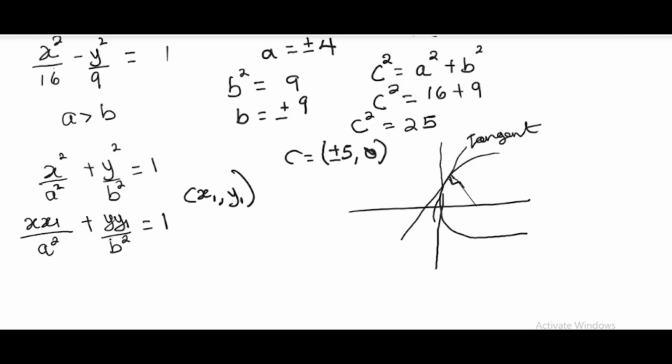So if you find the slope of tangent, I've explained this in the video on ellipse, that's why you have to watch it, the slope of tangent times the slope of normal is equal to minus 1. So to find the slope of normal, divide minus 1 by the slope of tangent.